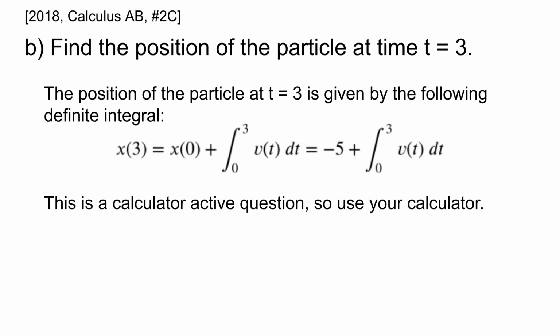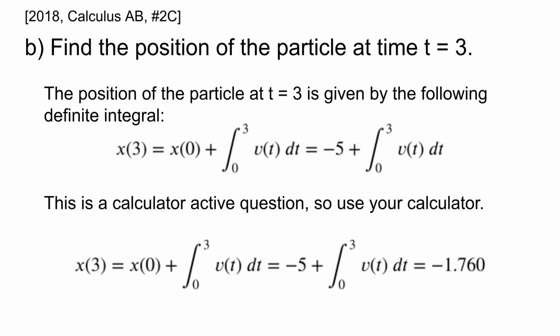Since this is a calculator active question, we'll use our calculator to evaluate the integral. X of 3 equals x of 0 plus the integral from 0 to 3 of v of t dt, which is -5 plus the integral from 0 to 3 of v of t dt, which is -1.760.